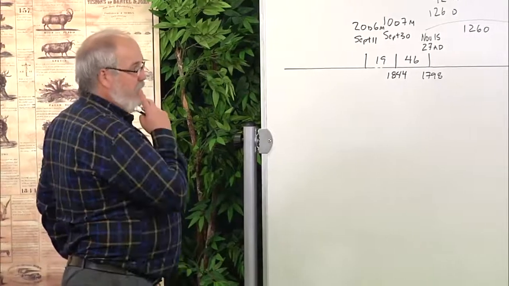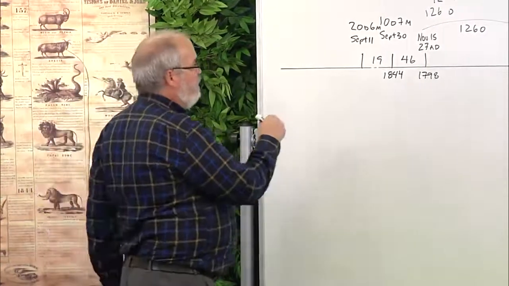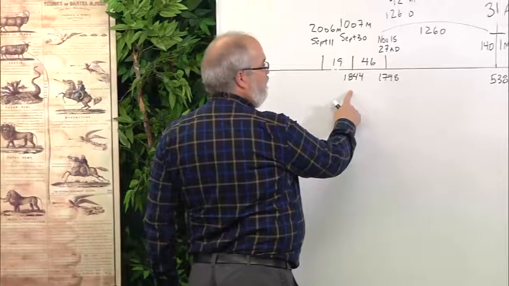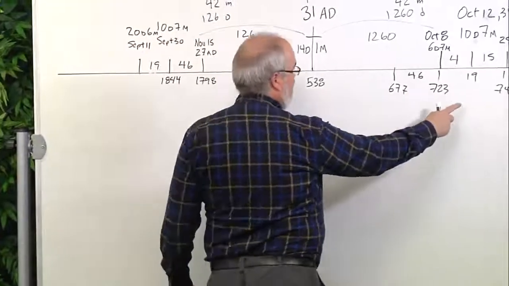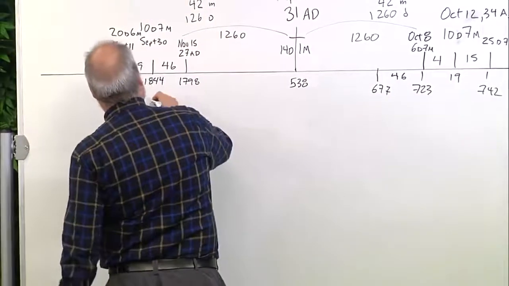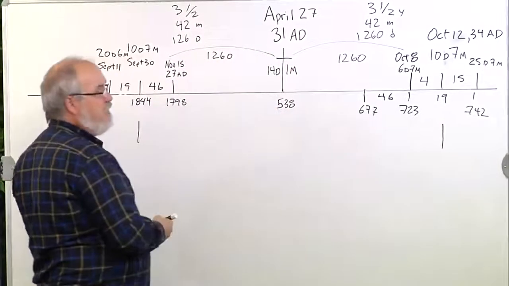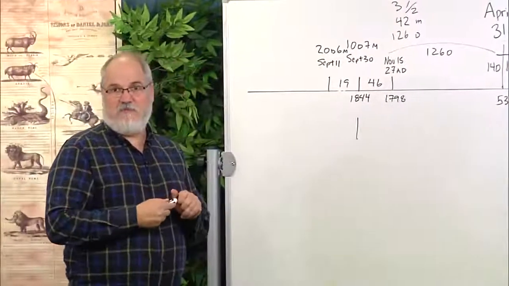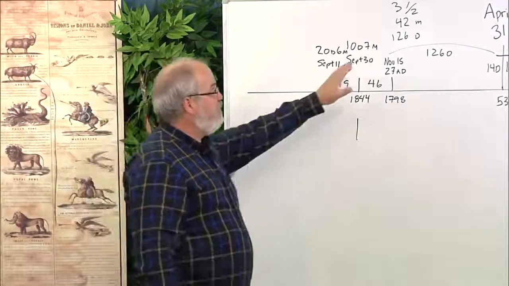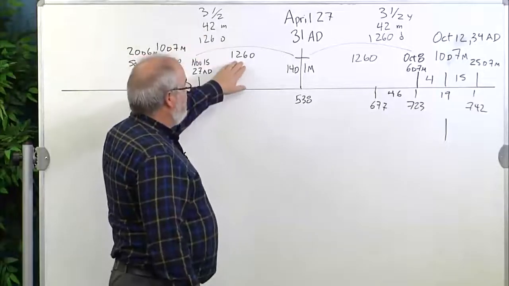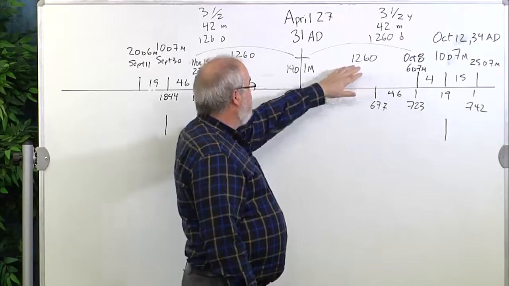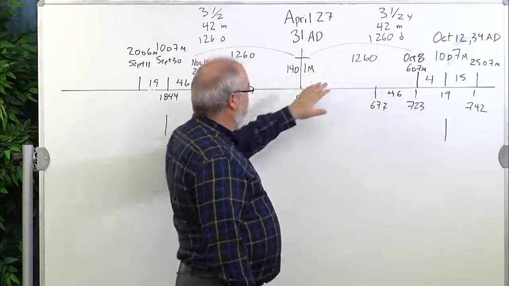So let's look at it a bit more. When we go from the 10th day of the 7th month to the 10th day of the 7th month, and we count the number of days, this is Christ's week. So we say his week is 2520, right? Because 3.5 years is 1,260 days, and 3.5 years is 1,260 days, and we add them together and we get 2520.